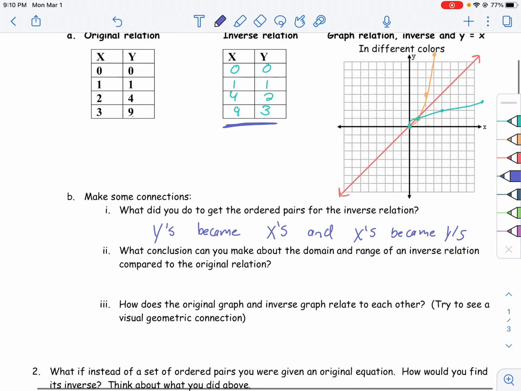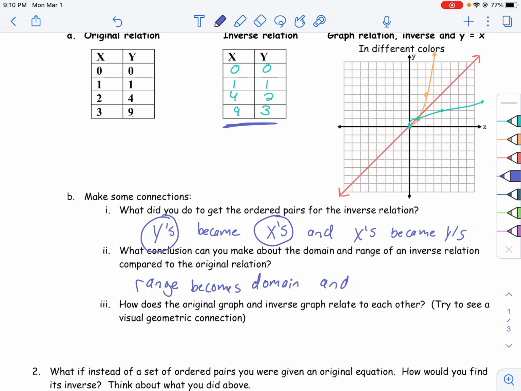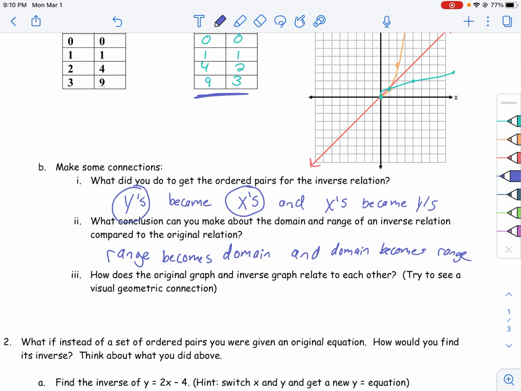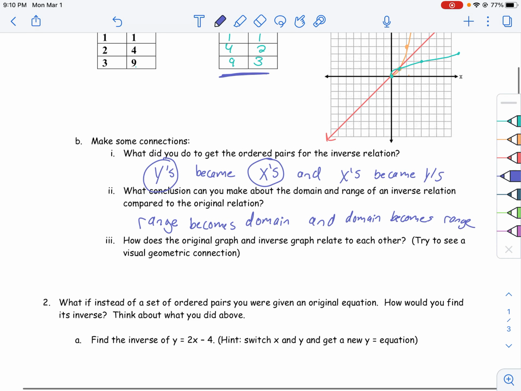If all of the y's became x's, that means the range, which is all of the y's, becomes the domain. And if all the x's become y's, the domain becomes the range. They literally are flipping. Just like the x's and y's flip, the domain and range also flip.